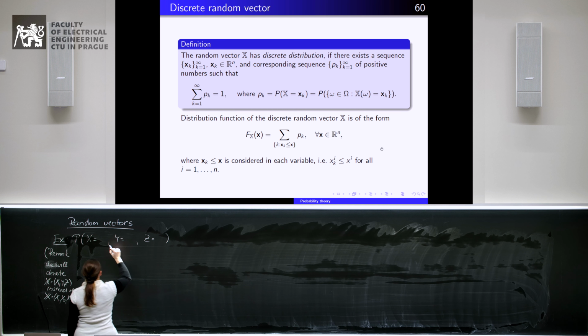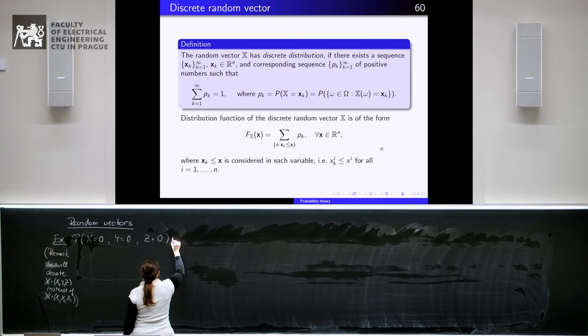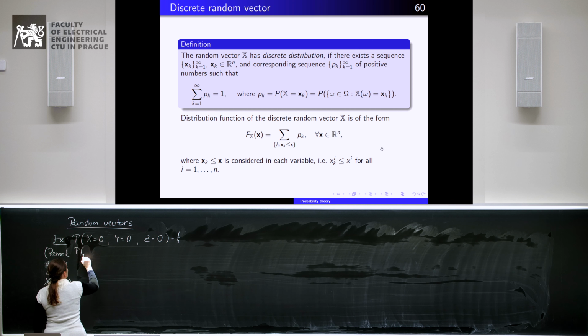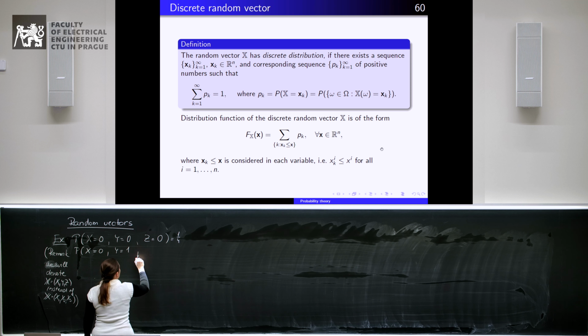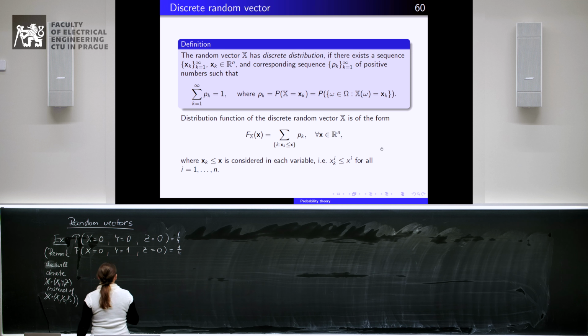We suppose that X can be 0, Y can be 0, Z can be 0 with probability 1/4. The probability that X is equal to 0, Y is equal to 1, Z is equal to 0 is 1/4.